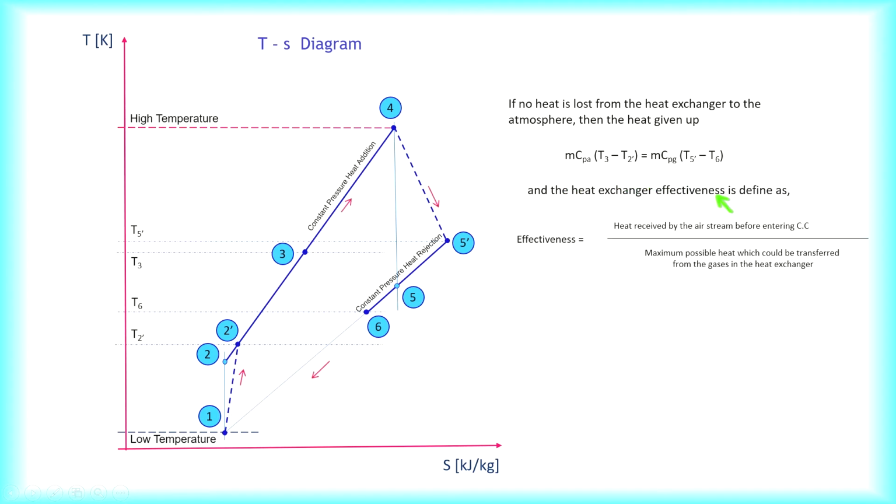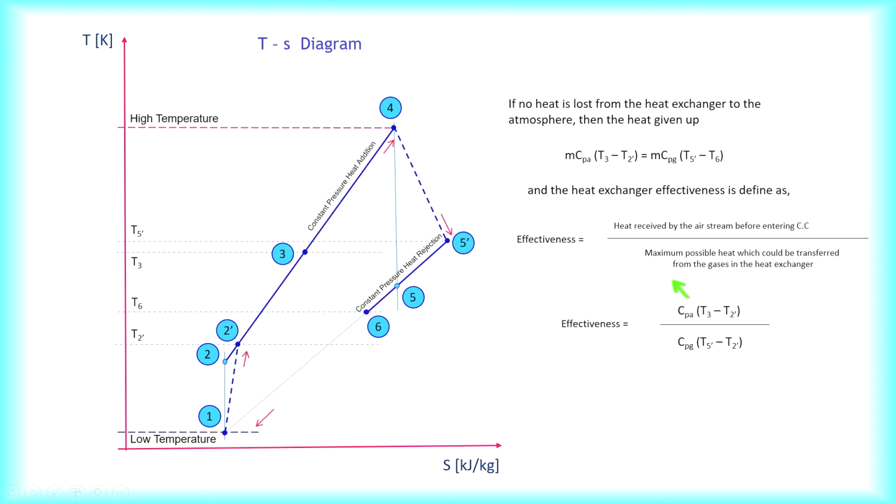Effectiveness is defined as the heat received by the air stream before entering the combustion chamber, divided by the maximum possible heat which could be transferred from the gas in the heat exchanger. I will show you this during the problem solving.